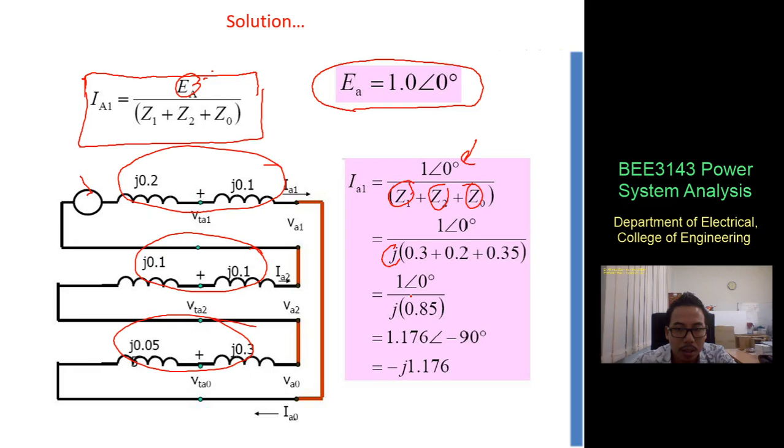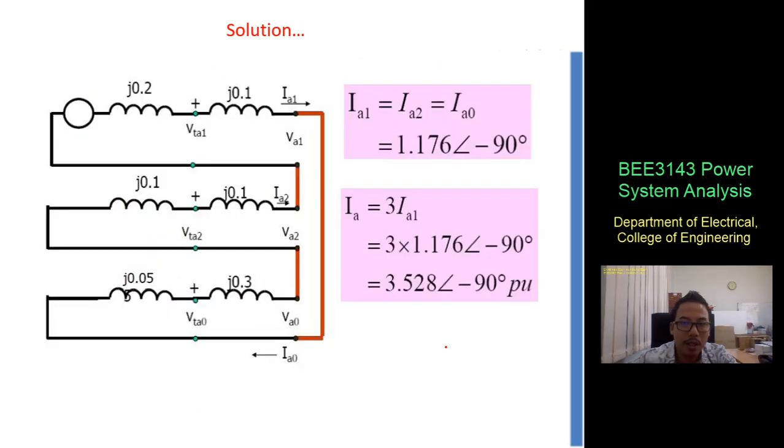This one is the complex number, and this one is the phase angle. Then we get the IA1. Then, as we mentioned, for the case of single line to ground, IA1 equals IA2 equals IA0. That's why 1.176 with the phase of minus 90 degrees is the same for the three sequences: positive, negative, and zero sequence.